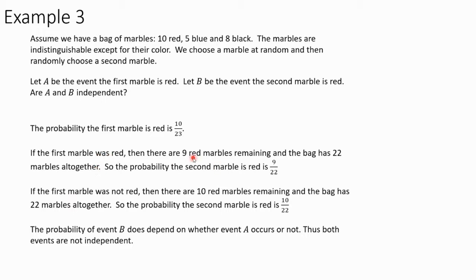And if A occurred, we chose a marble that was red. So now there's 22 marbles there, but we only have 9 red remaining. So this is how we got this probability. But here we're saying, what if the first marble was not red? So if it was blue or black, well, there's 22 marbles left, but there are still 10 red ones.